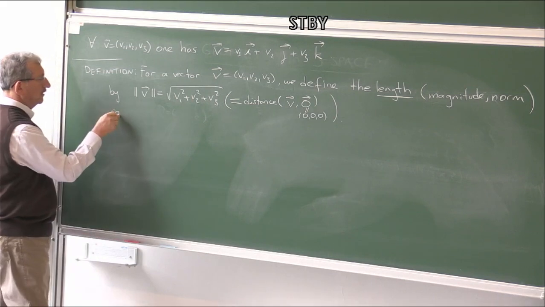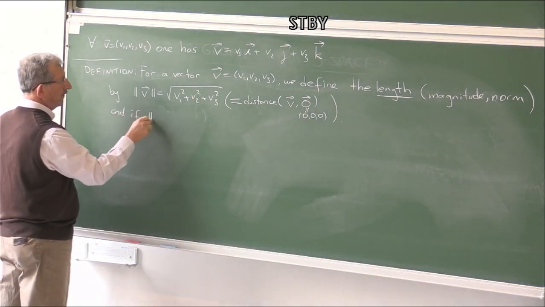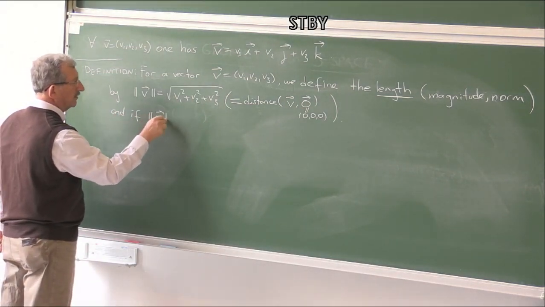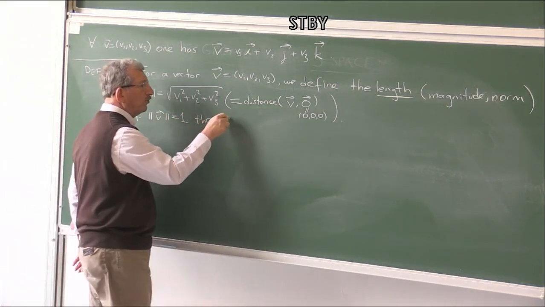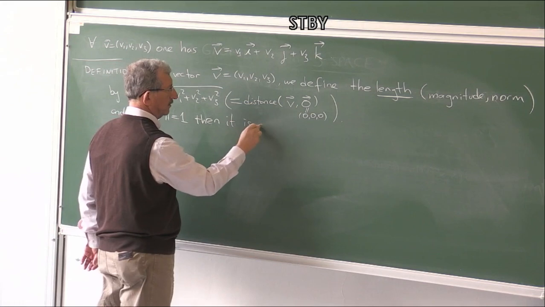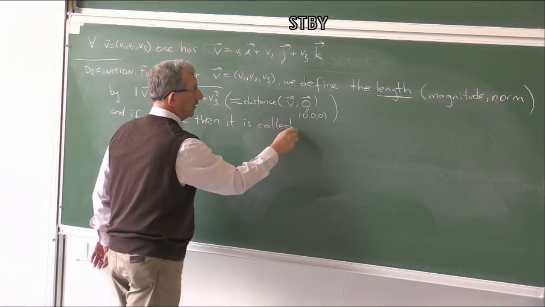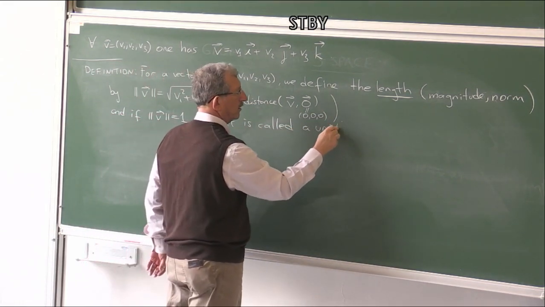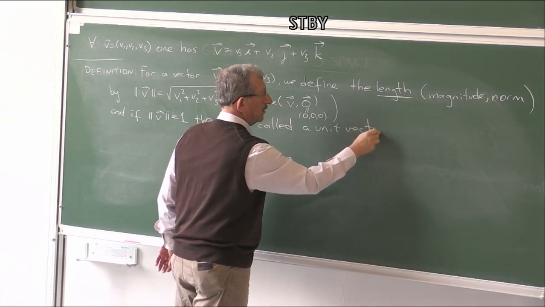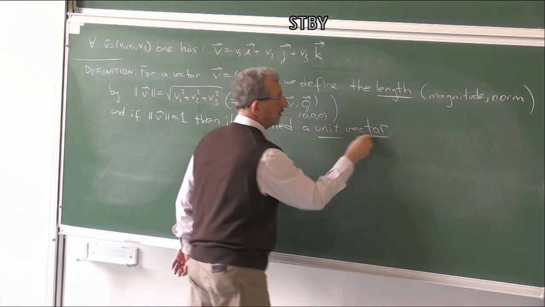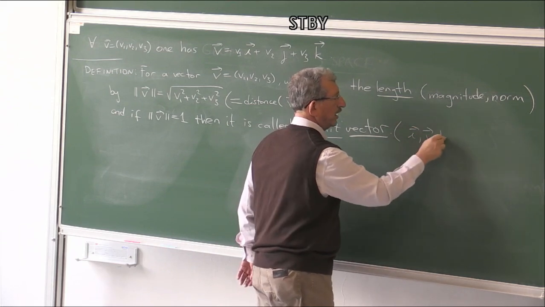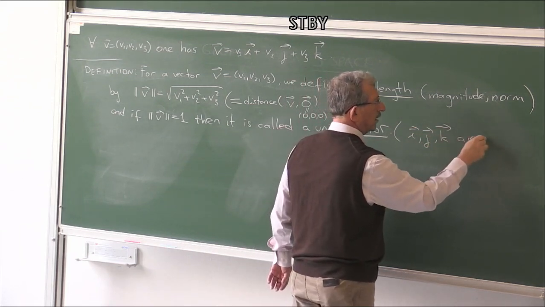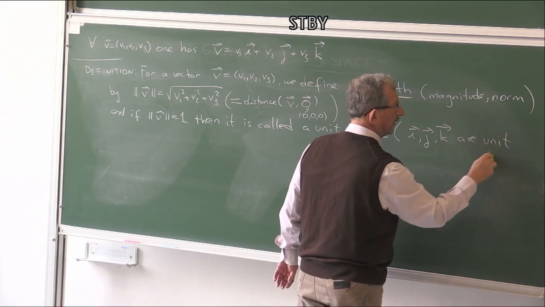And if the length of a vector is 1, then it is called a unit vector. I, j, k are unit vectors.